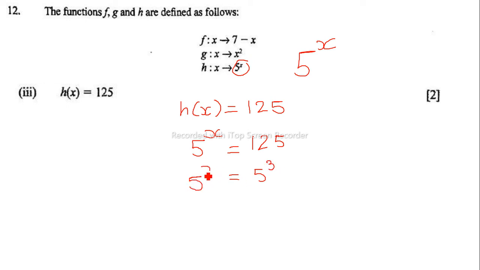Remember the rule: if the bases are the same, then the powers are equal. Again, the bases are the same, 5 and 5, and the powers are equal. So the powers here are x and 3. So that means we can say directly that x equals 3. Okay, so this is our answer.